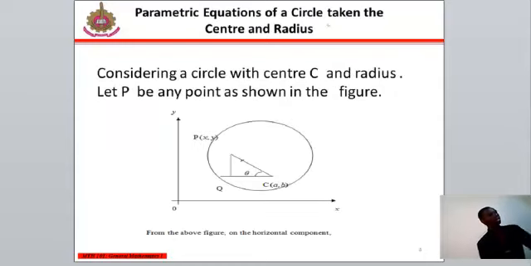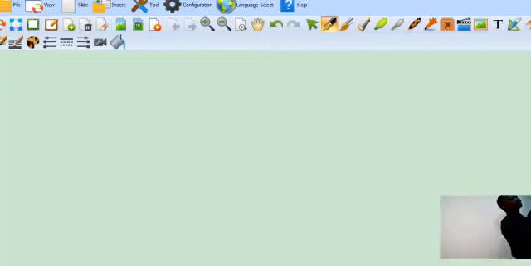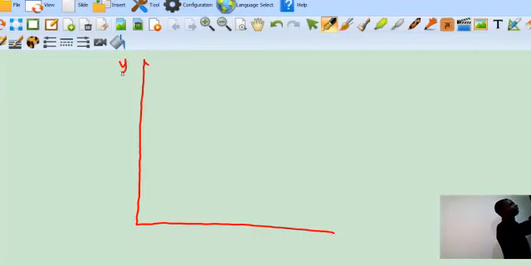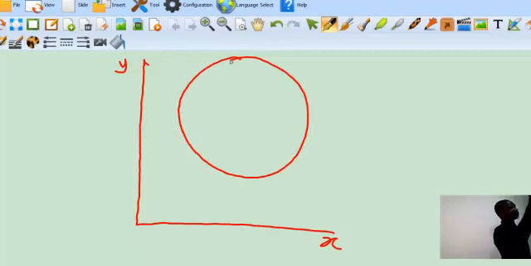Let us continue as we consider a circle with center C and radius R, and let P be any point on the circle. Now let's consider the axes, X and Y. This is the Y axis and this is the X axis.